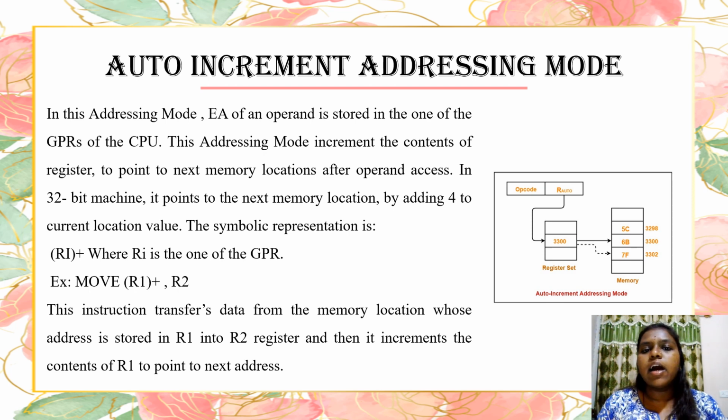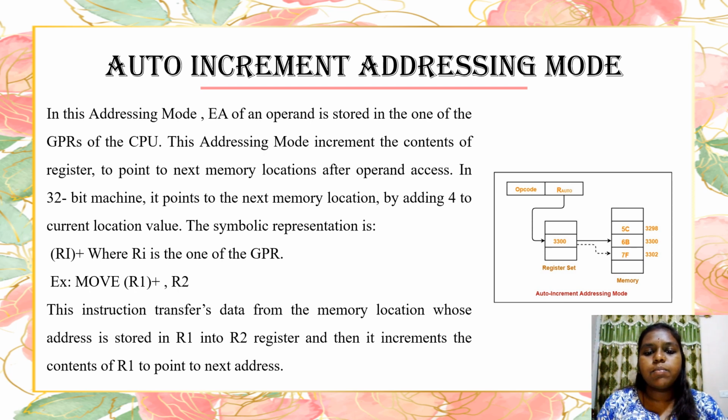Auto increment addressing mode. In this addressing mode, EA of an operand is stored in one of the GPR of the CPU. This addressing mode increments the contents of the register to point to the next memory locations after operand access. In 32-bit machine, it points to the next memory location by adding 4 to the current location value.